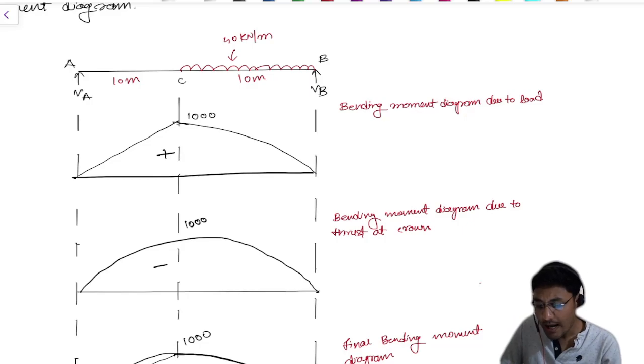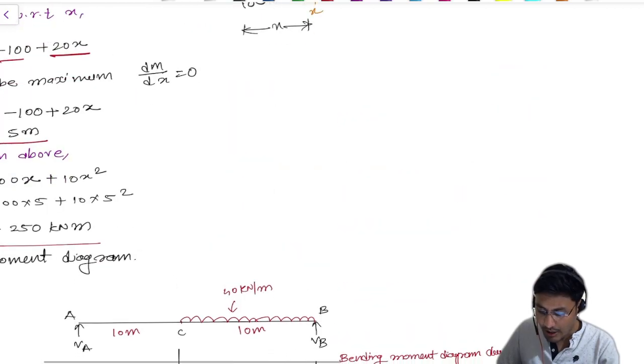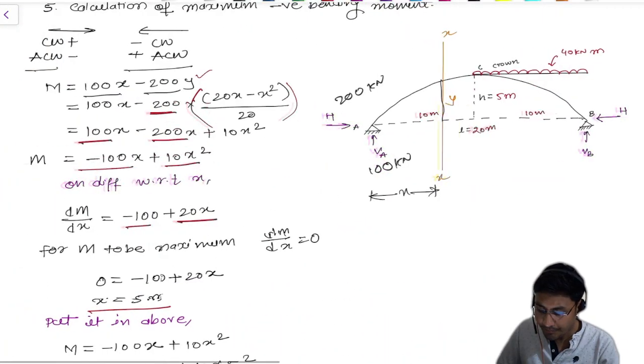We know that at point C we have the bending moment, and that bending moment we need to calculate. First of all, I'll show you how we are going to calculate that.